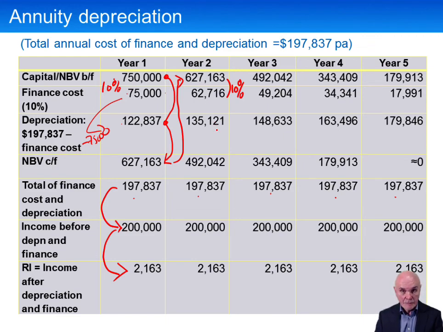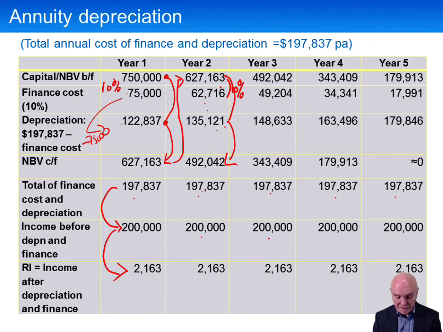And now the book value carried forward is 163 less 135, 627 minus 135, coming down to that. So that was your book value brought forward. This is depreciation this year. This is the book value carried forward. The total of the finance and depreciation, that plus that, will be coming to 197,837.